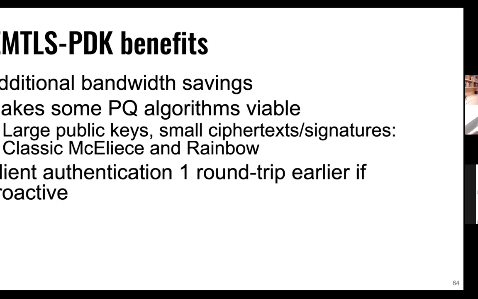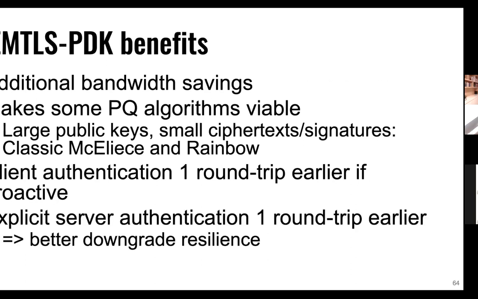It leads to client authentication one round trip earlier if the client proactively sends its credential. And it also leads to explicit server authentication one round trip earlier, improving this downgrade resilience subtlety that I mentioned earlier.